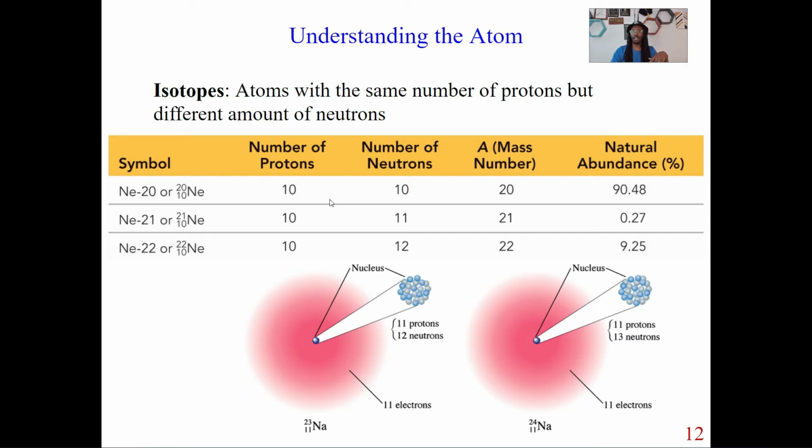Let's look at the second isotope. So neon-21. We know that the number of protons is 10. And then in this case, I have 11 neutrons. So I've got a different amount of neutrons. This is an isotope. So 10 plus 11, that's 21.